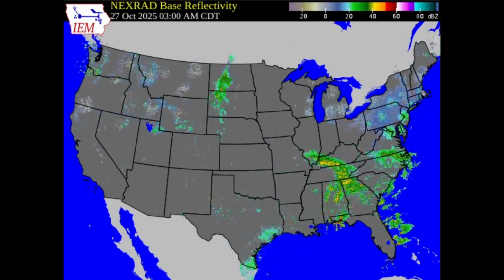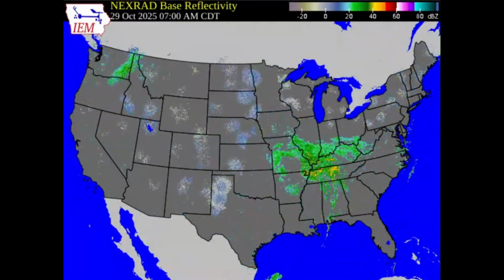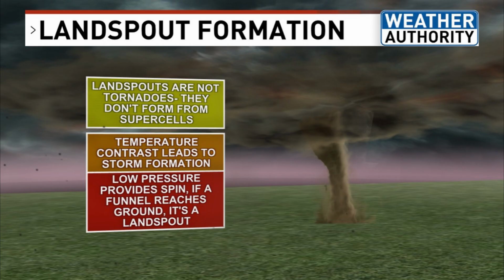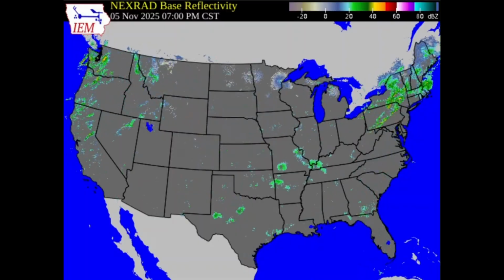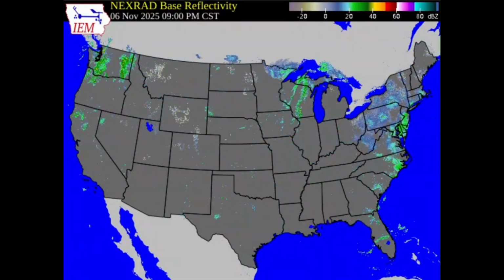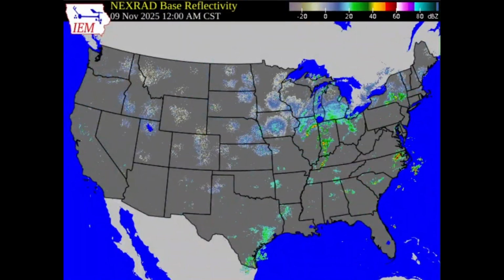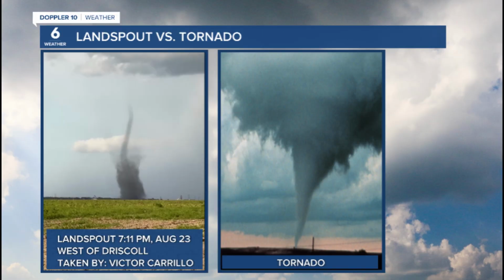A landspout, this is it. You can consider a landspout a tornado, but by definition, it's technically not. It can resemble a waterspout, but it's over land. Now, it forms from developing converging surface winds under a growing thunderstorm rather than from the rotating part of a thunderstorm, which would form a tornado.